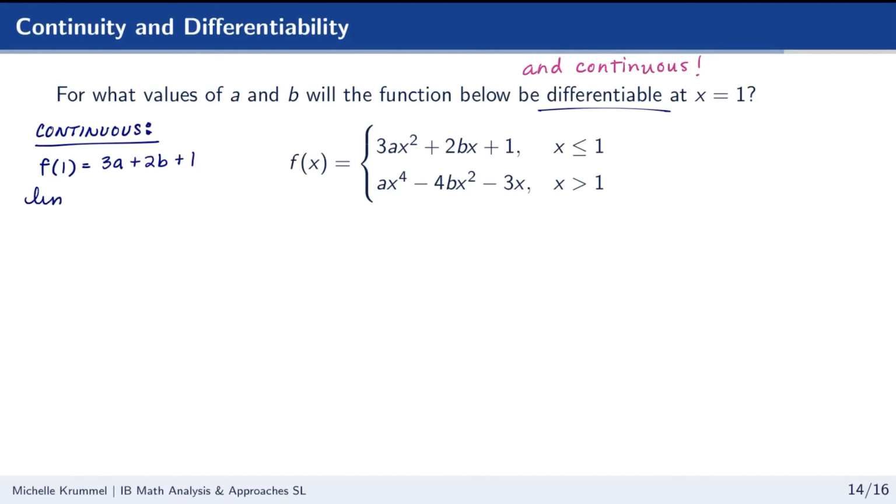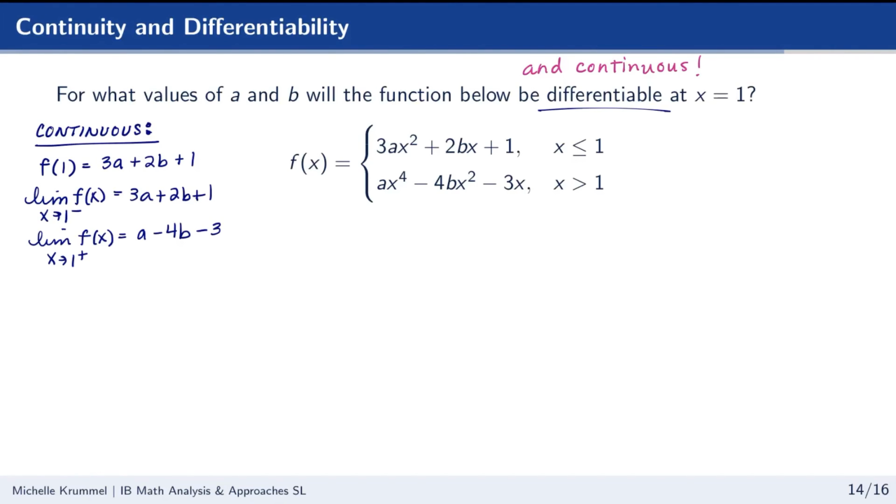And then the limit of f as x approaches 1 from the left is going to be the same thing, 3a plus 2b plus 1. The limit of f as x approaches 1 from the right is going to be a times 1 to the power 4 minus 4b times 1 squared minus 3 times 1.